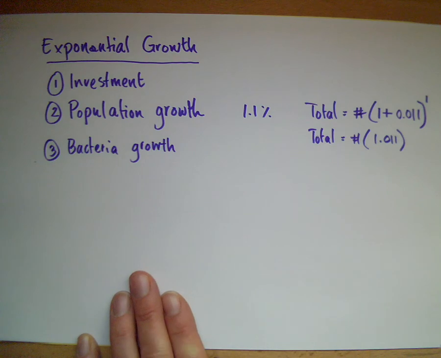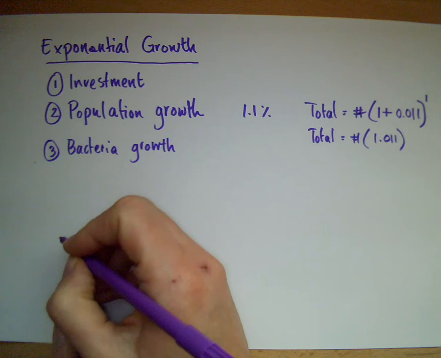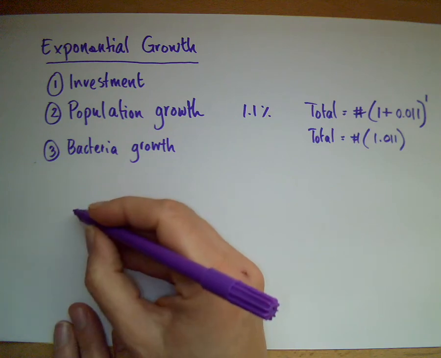So if you start with 2 bacteria, they're going to have maybe 4 babies, which makes 6, but then all those 6 are each going to have 4 babies with each other, which you can tell is just going to grow more each day or hour. I don't know how long it takes bacteria.